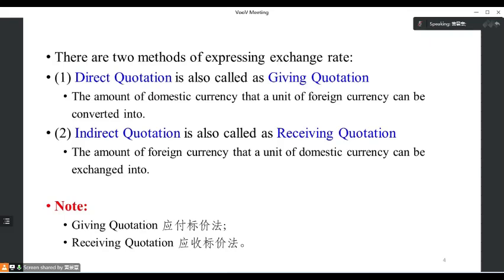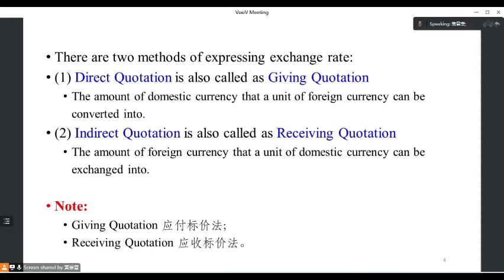In another word, we can say direct quotation means one unit of foreign currency is valued by domestic currency.